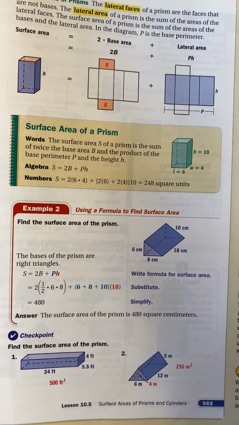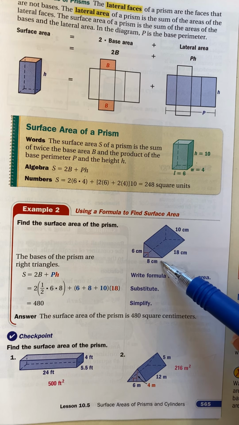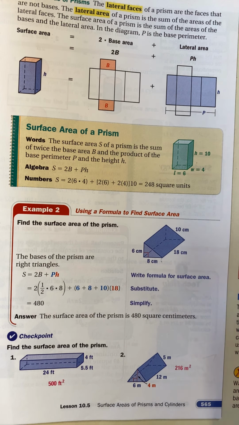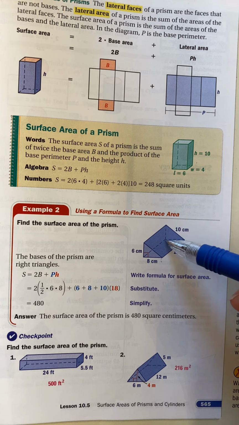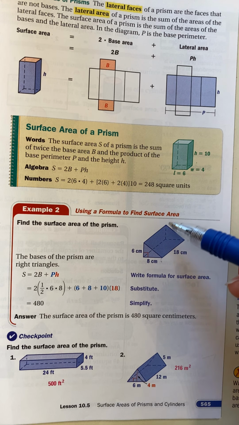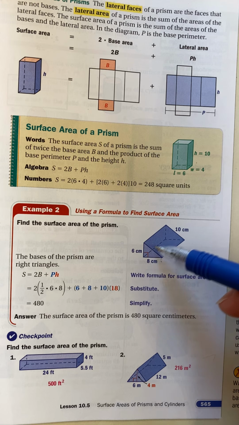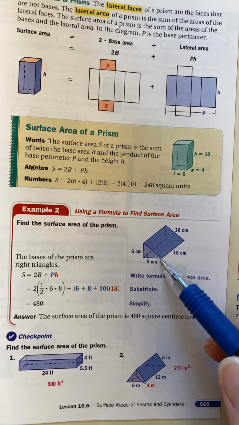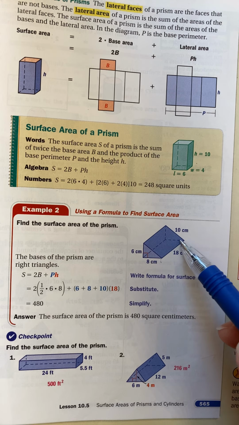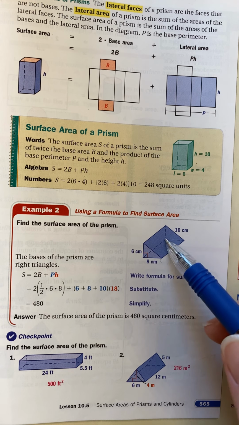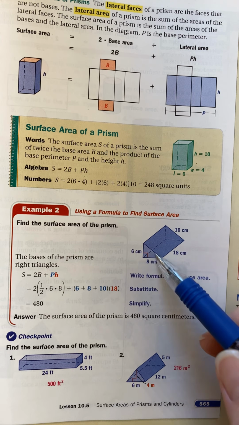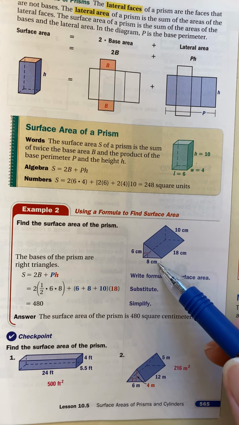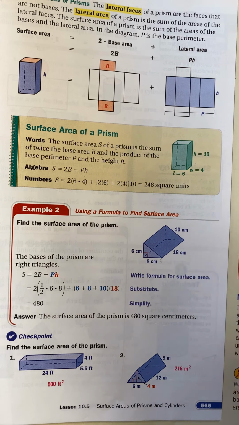Now, we could just find the area of each face. This face is 18 times 10, or 180. This face back here is 18 times 6. This face on the bottom, notice this is not our big B base. This was our big B base. Anyways, this rectangle here would be 8 times 18.